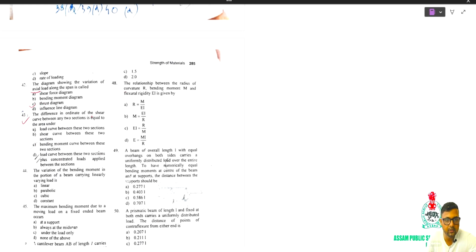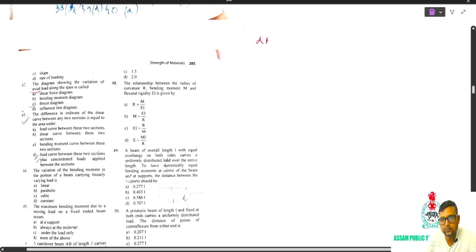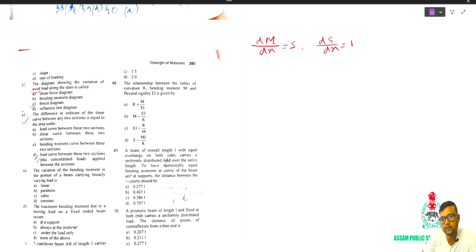Now let us solve question 43. The difference in ordinate of the shear curve between any two sections is called. Now I told you that the rate of change of moment is equal to shear force, and the rate of change of shear force is equal to loading. Now to solve this question, we'll take the help of a numerical. Suppose this is a UDL.